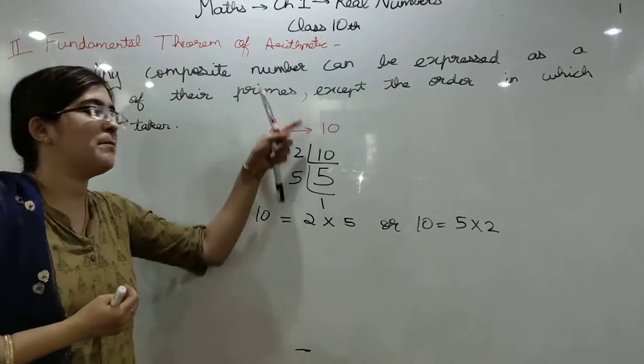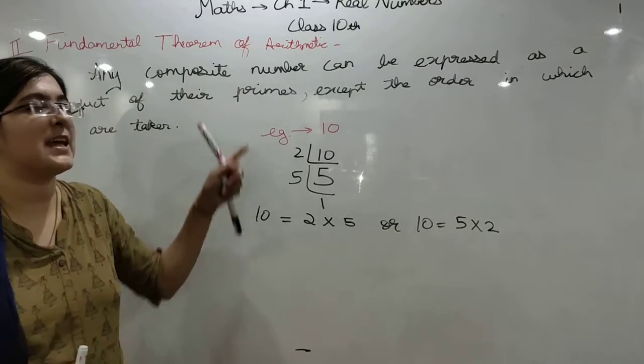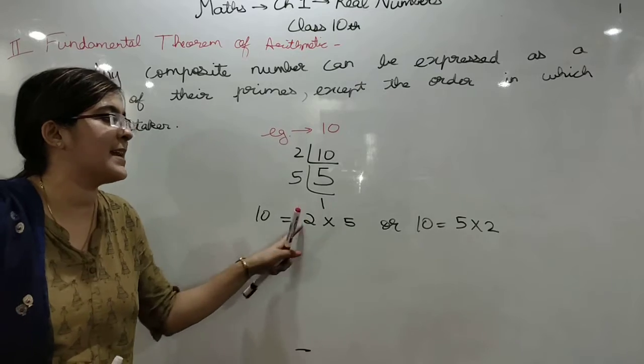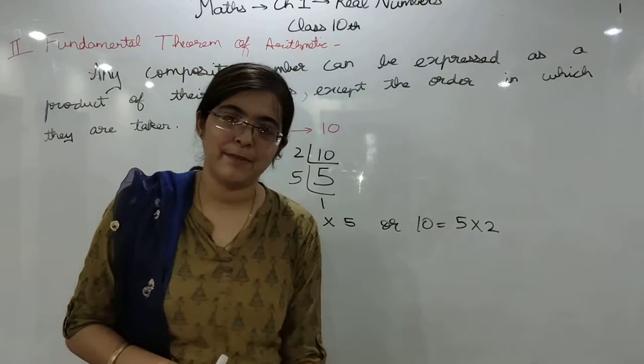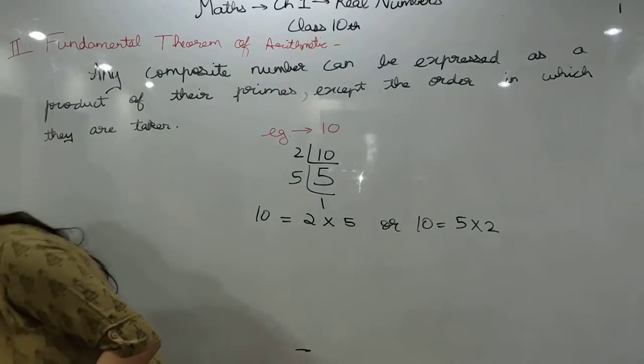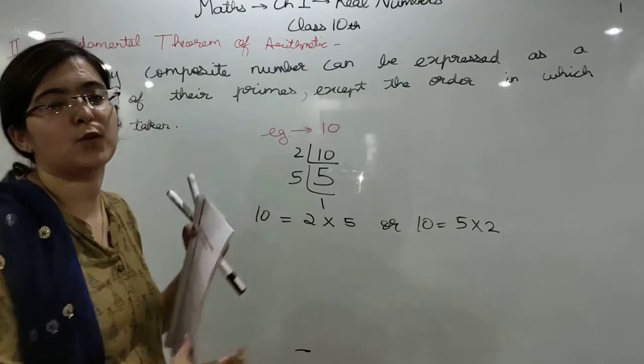You have to just prime factorize the number. So this theorem states that any composite number can be written as a product of its primes. Now all of you note it down in the space given here. Then we will move on to the questions.